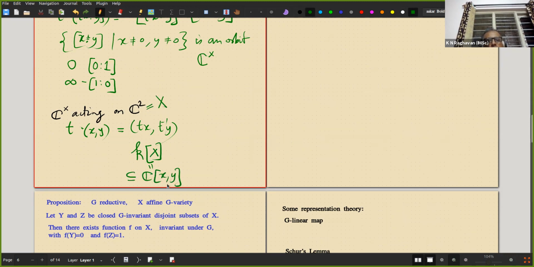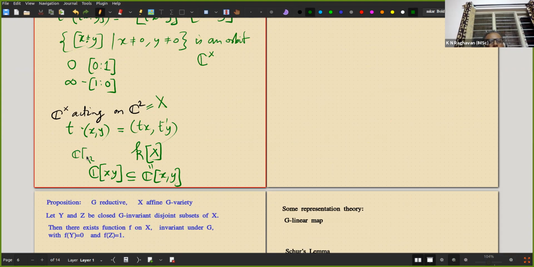If you look at the invariant ring for this action, it will turn out to be generated by xy. That's easy to see because if I multiply these two, the T and the T inverse cancel.